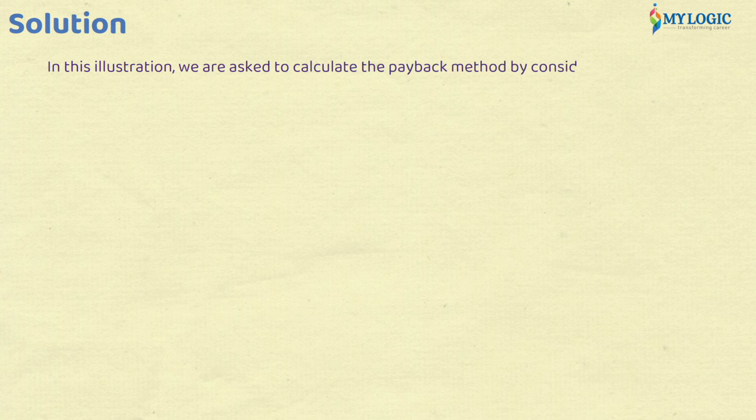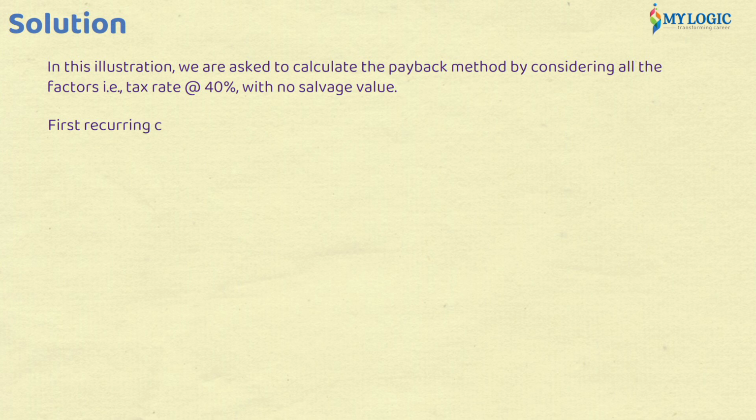Solution: In this illustration, we are asked to calculate the payback period by considering all the factors. That is, a tax rate of 40% with no salvage value. First, recurring cash flows should be calculated, that is, $80,000 multiplied by 60% is equal to $48,000.